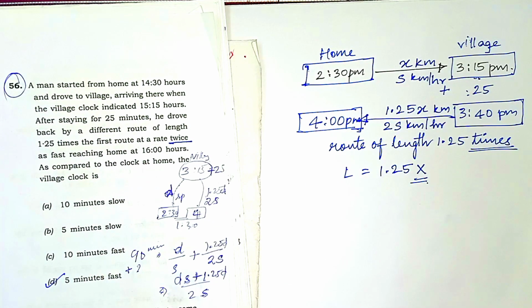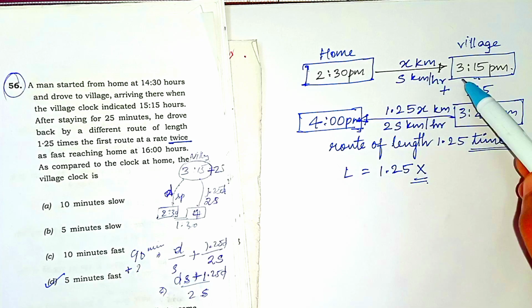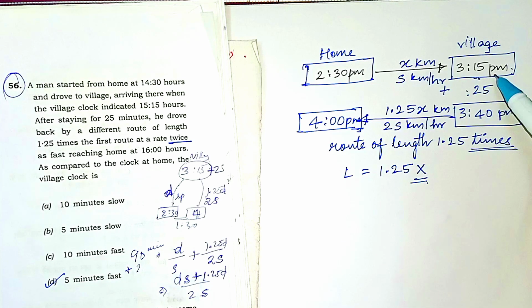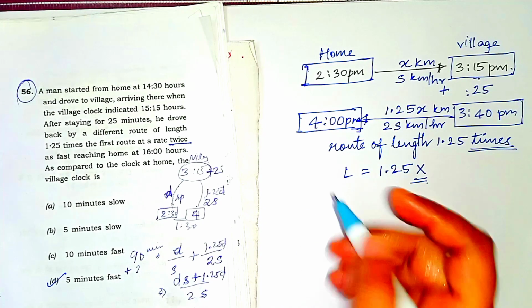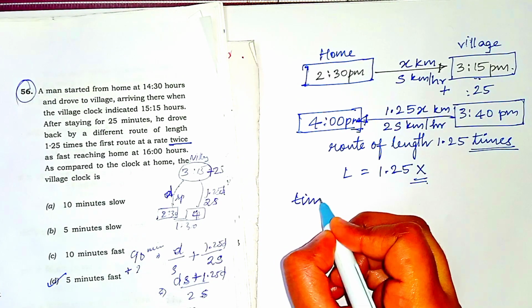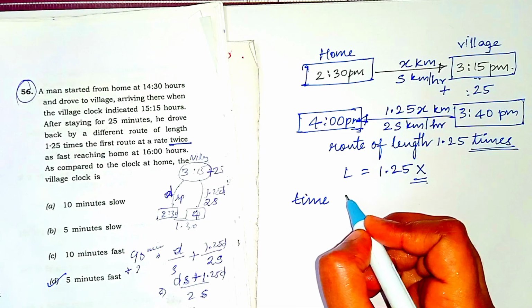Now we will process the data, and all we want to know is the actual time after he drove to the village. The given time is 3:15. So we will equate time with the equation.